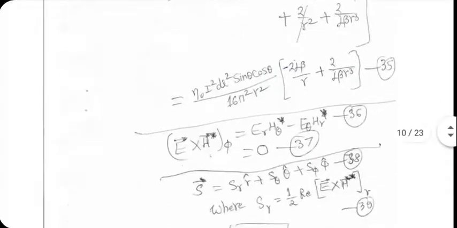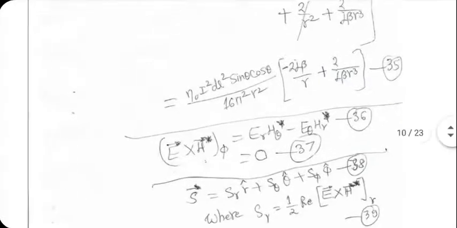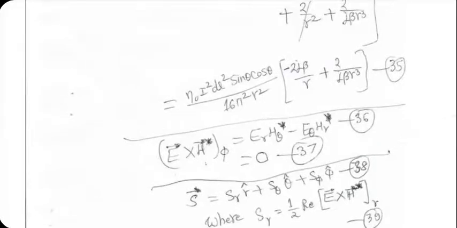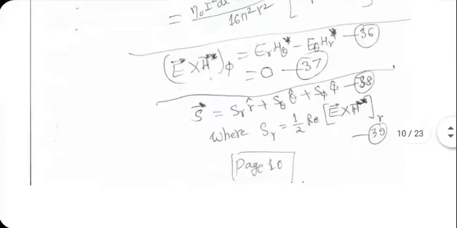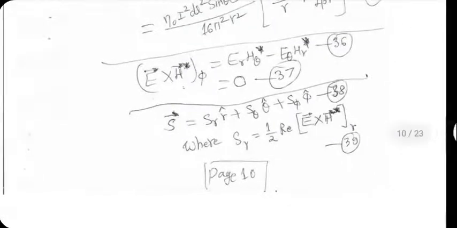And for the phi component of the Poynting vector, of course, you have to apply half RE in the beginning. Yes, I know that. You will have to do that. But you can see that if E cross H complex conjugate is 0, S phi would also be 0. So what I'm getting here is S having 3 components in the spherical coordinate system, and S phi definitely going to 0.